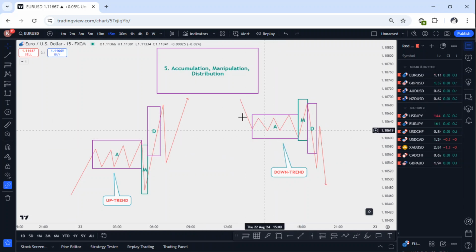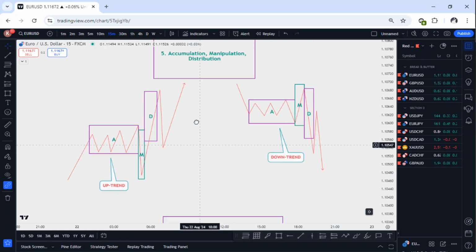This is a downtrend example whereby the market is accumulating orders in this particular box I've shown, and then it manipulates people that it wants to move upwards, and then it moves downward. That downward displacement, that downward move, we call it displacement or distribution or continuation or initiation. So in SMC we usually call it distribution or displacement.